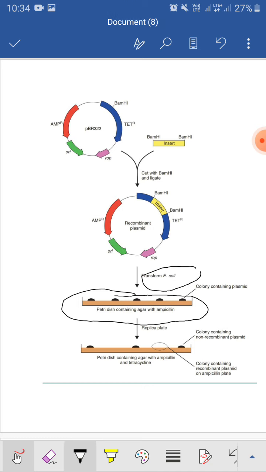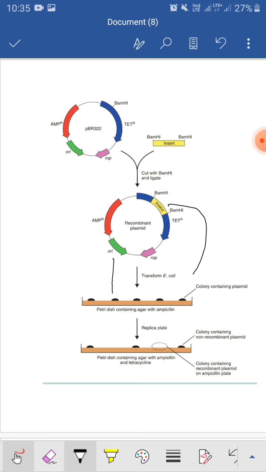First the petri dishes are plated with agar and ampicillin, because the ampicillin resistance gene is intact, although the tetracycline resistance is not, because it is disrupted by the insertion of the new gene of interest.